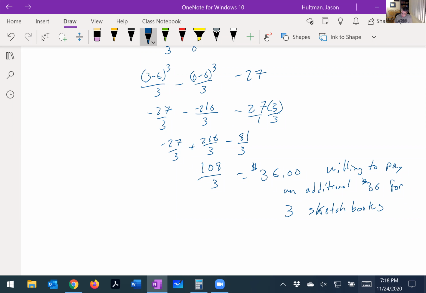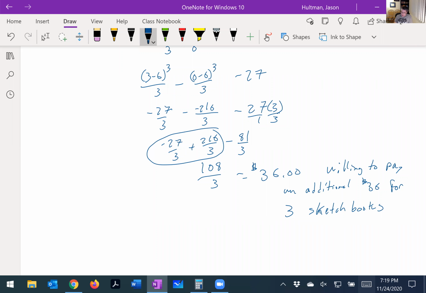I would have been willing to pay 72 minus 9, which is going to be 63. So I would have been willing to pay 63 for each of them, or $21 a piece.